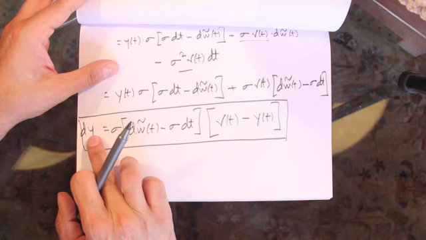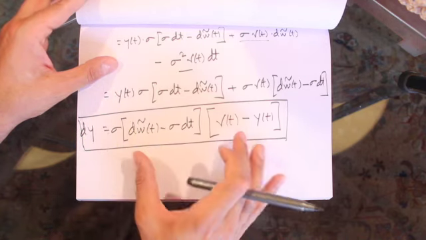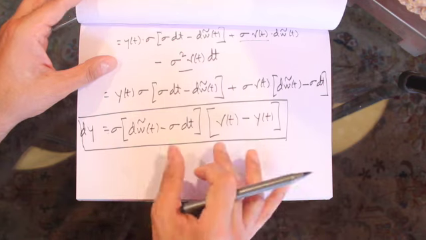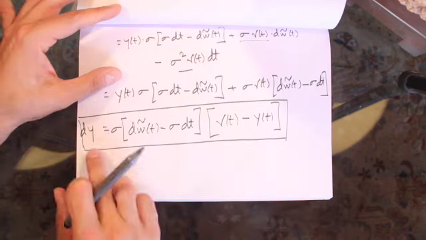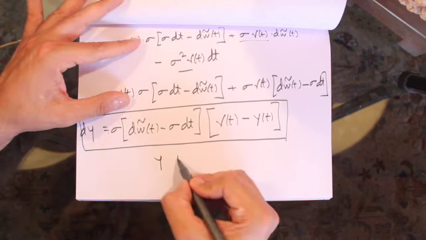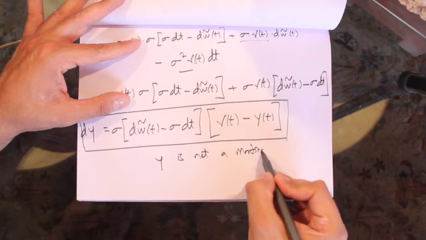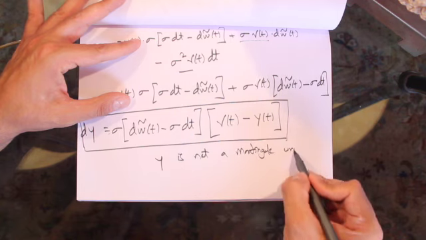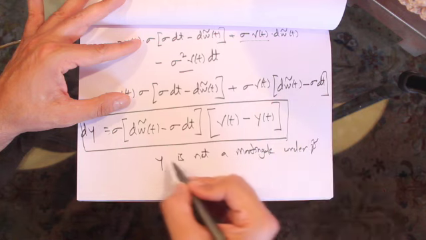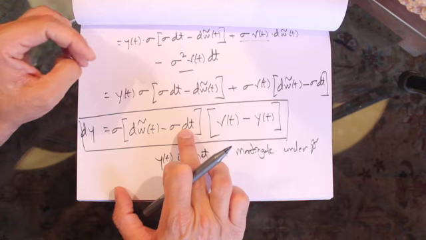Now when you see dy, we have a dt term here in dy, so this is not really a martingale under P tilde. So dy is not a martingale, so y is not a martingale under P tilde, because we have a dt term here.